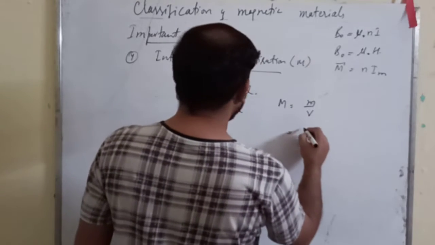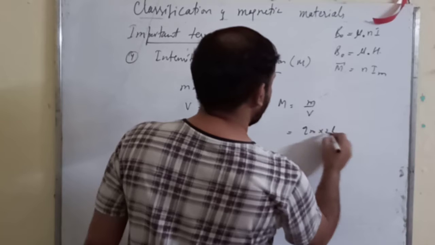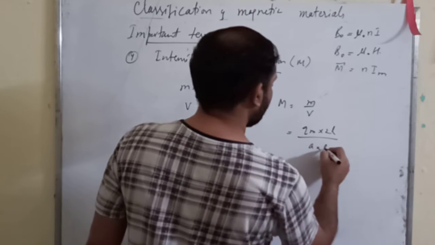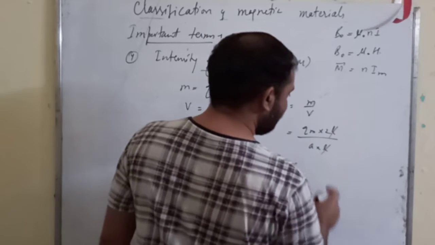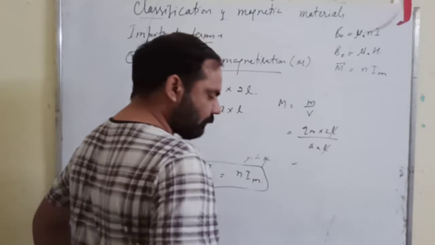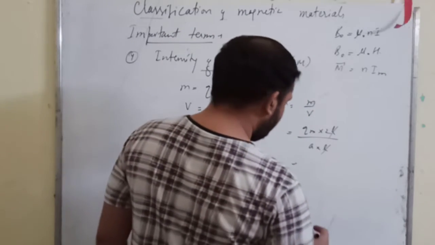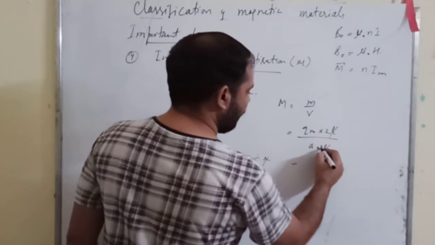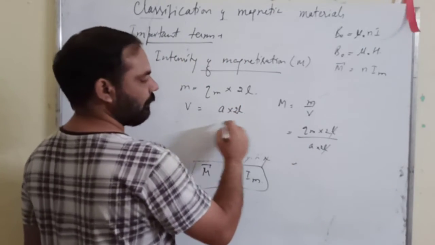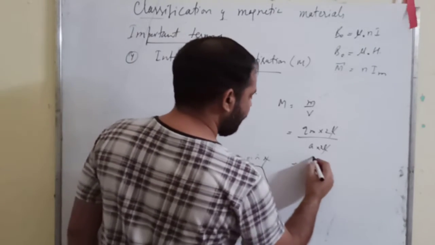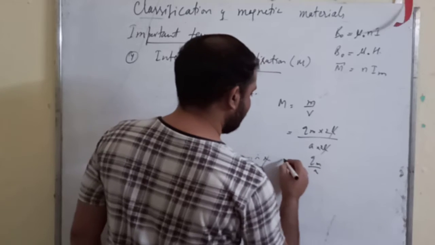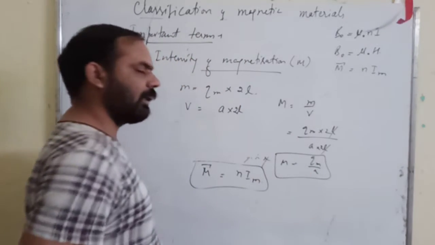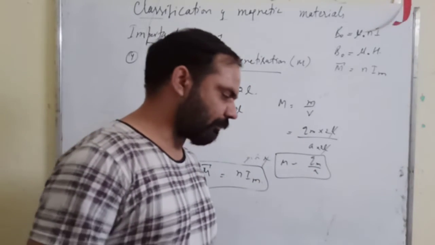So this is Qm into 2L upon A into L. Oh sorry, this should be 2L because the length is 2L, right? So 2L will cancel and you get Qm upon A. That is also a formula for intensity of magnetization, right?